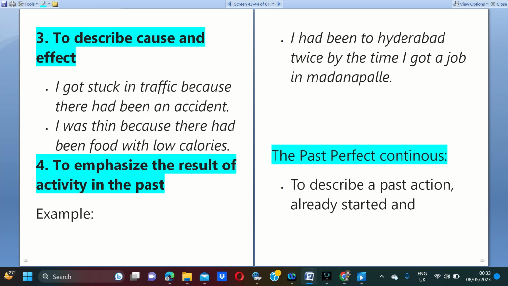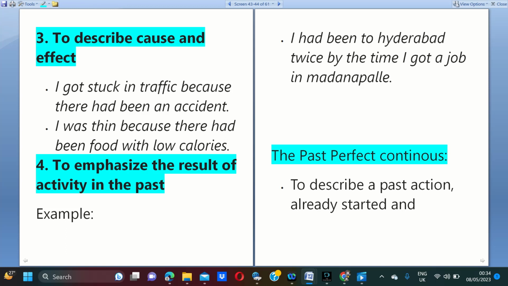Next, to describe cause and effect: I got stuck in the traffic because there had been an accident. Here, I got stuck is the result, the effect. There had been an accident is the cause. Next, I was thin.